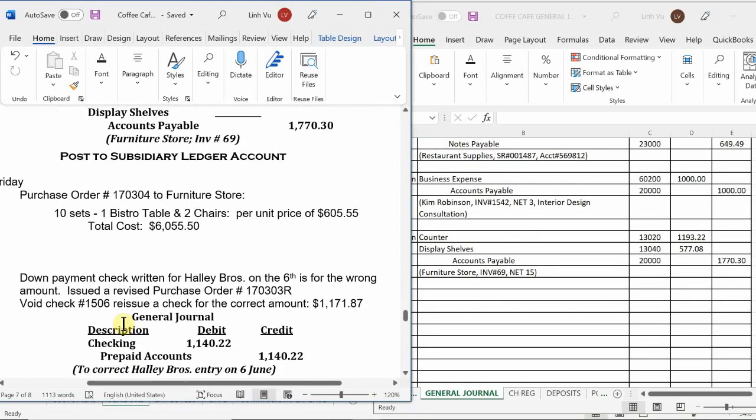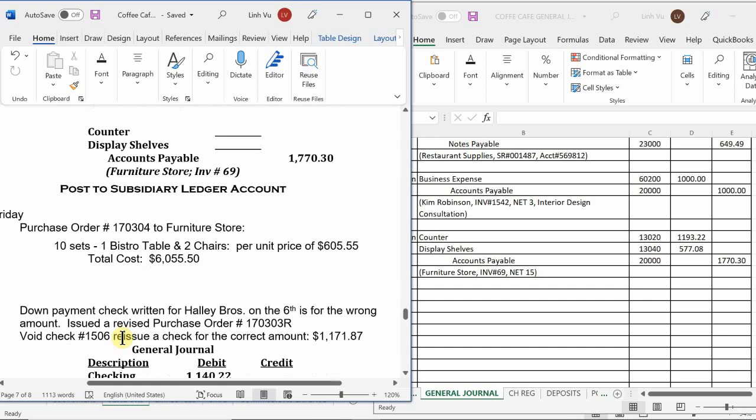So then we find out that the down payment check written out to Haley Bros on the 6th was actually for the wrong amount.